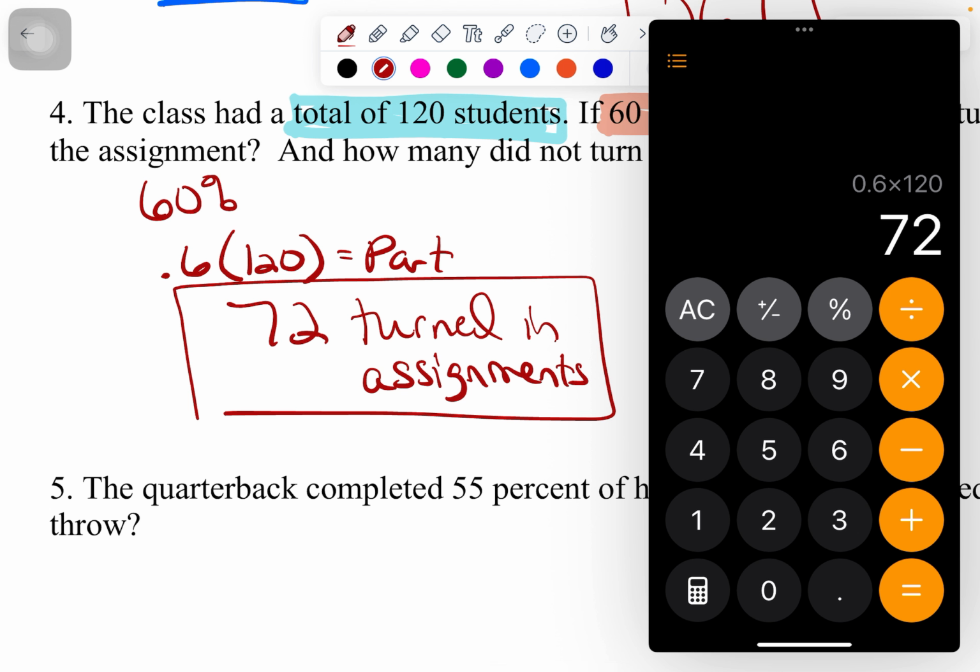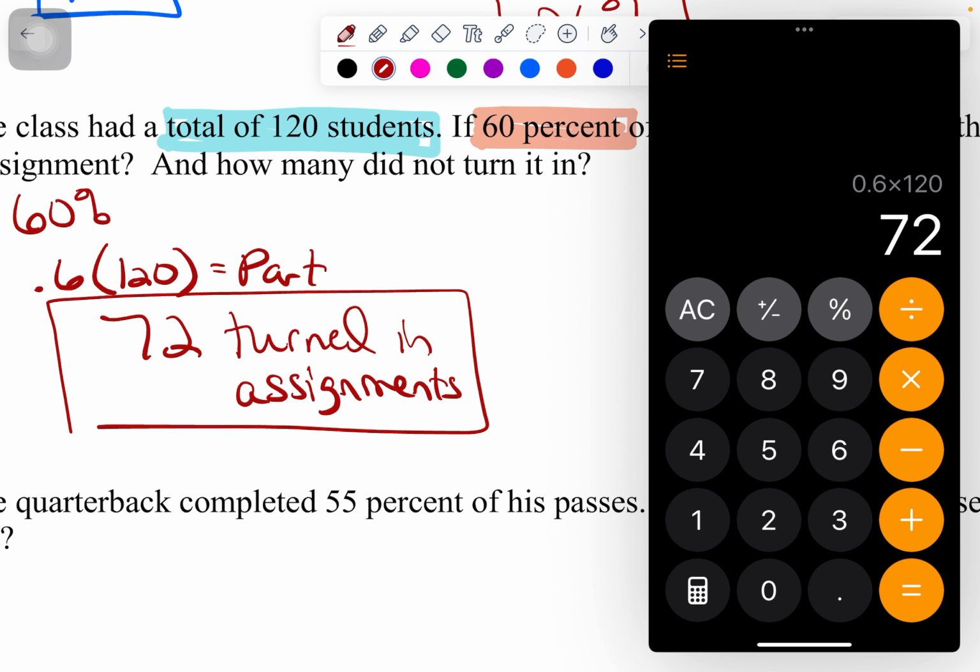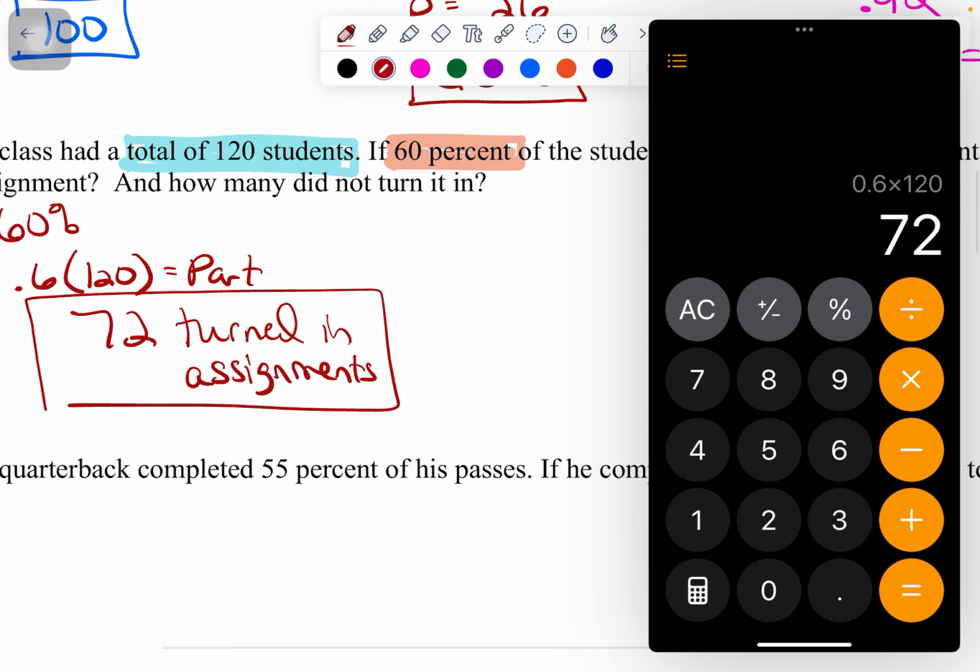I'm also asking you a secondary question of how many students did not turn it in. Well, folks, if you know how many turned in the assignments and you know your total number of students, you can simply take the total minus the part that did turn in assignments.